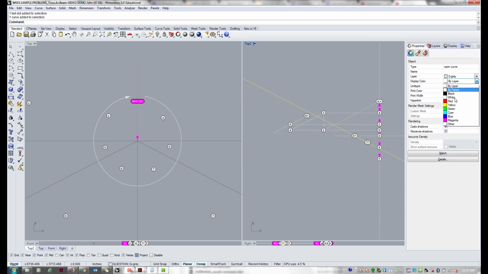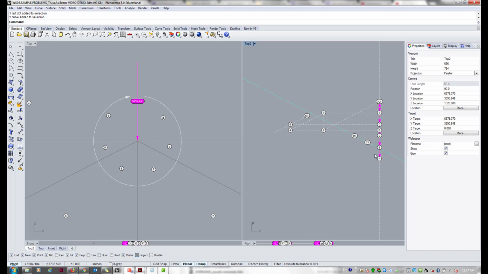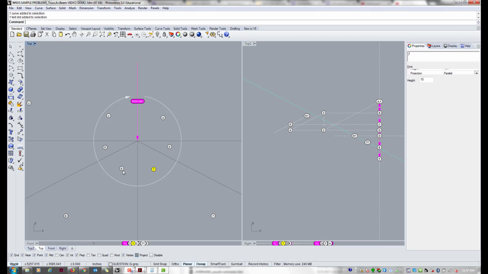Let me change the color of the line that we don't know yet. So that's unknown, right? 8 and 7 is unknown. We have 7, 6, which is vertical. But again, we don't know where 6 is, we don't know where 7 is, but all we know is 6 to 7 must be a vertical line.